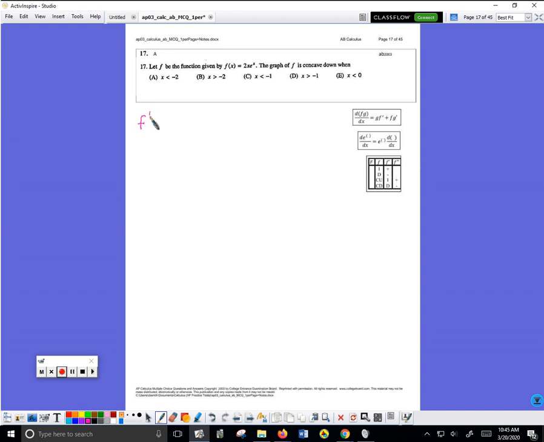So f prime of x, to find the derivative, I have to use the product rule. So I take the second of the two. I'm going to think of f as being 2x, g as being e to the x. So I take the second, e to the x, multiplied by the derivative of 2x.